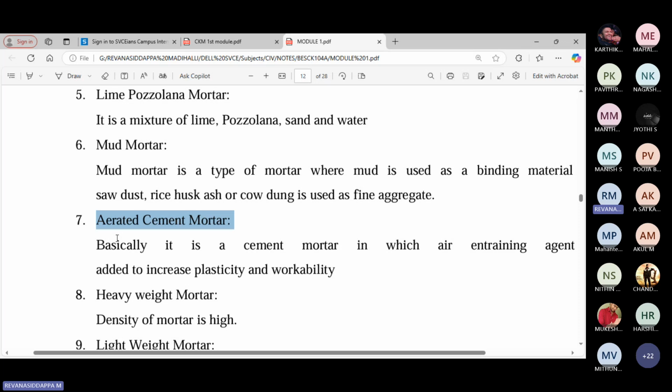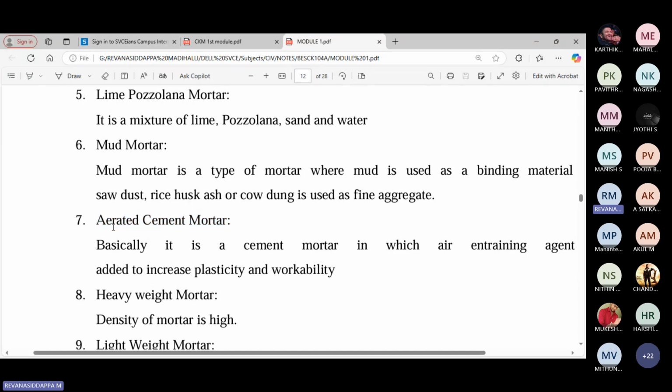Plasticity means the resistance of the mortar to undergo permanent deformation. If you add air entraining agent into the mortar, the plasticity as well as workability of the mortar will increase.